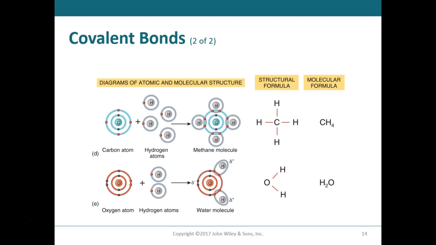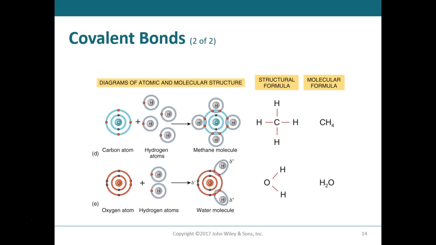A very important example of a polar covalent bond in living systems is the bond that forms water, so the bond between the hydrogen and the oxygen, forming the molecule of water. The nucleus of the oxygen atom attracts the electrons more strongly than the nuclei of the hydrogen atoms. So the oxygen atom is said to be more electronegative.